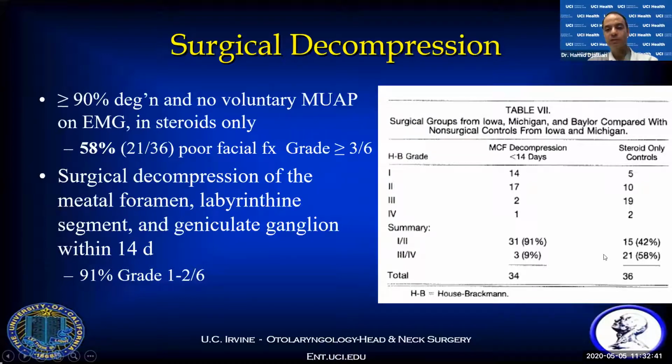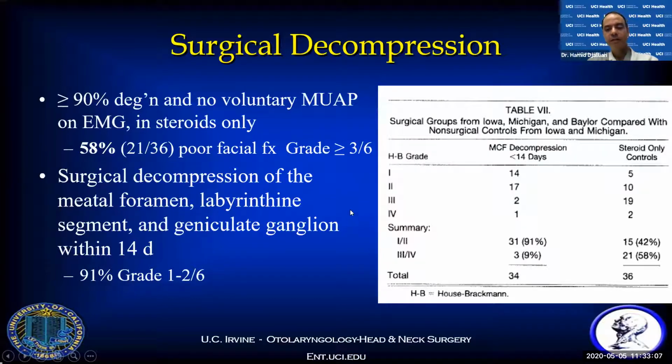And this was 3 large centers, Iowa, Michigan, and Baylor, and they accumulated data, I think, over 10 or 15 years. They only got about 34 patients between these 3 medical centers who signed up for surgery over 10 some years. So very few people end up choosing surgery.